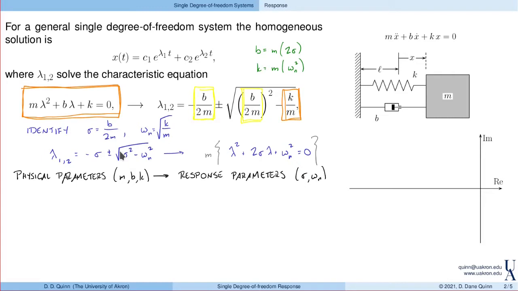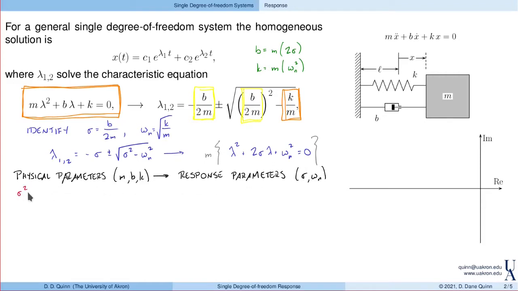So very different things happen to our system as we vary these response parameters. And really, it depends on whether or not lambda is real or complex. So let's look at those cases. And here, I'm going to assume that m and b and k are all positive, so that sigma and omega n are likewise positive.